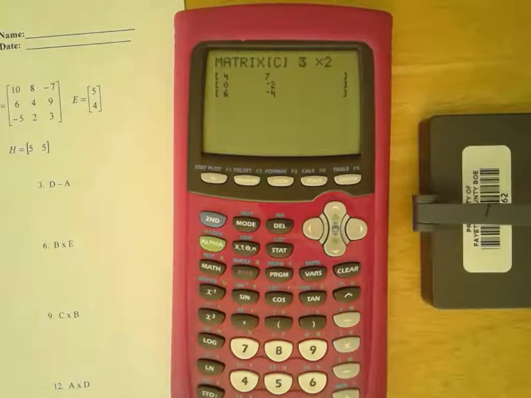So now we're back in normal, and that will go away. Well, when you're plugging them in and solving, will it recognize if it's not possible? Yeah, it'll just say error.